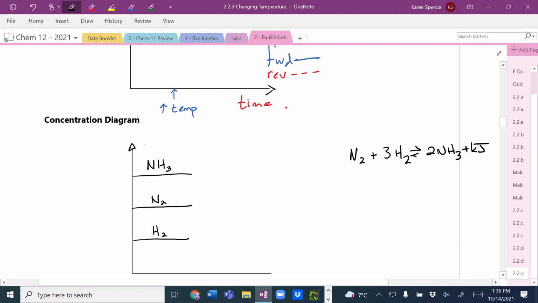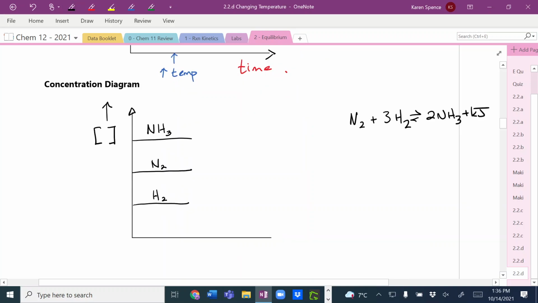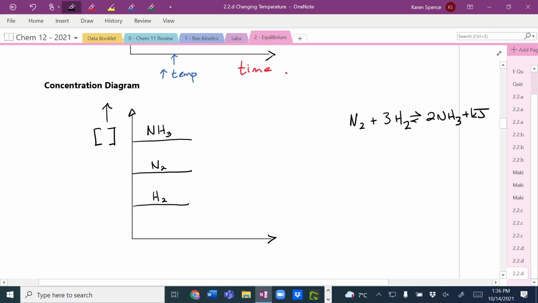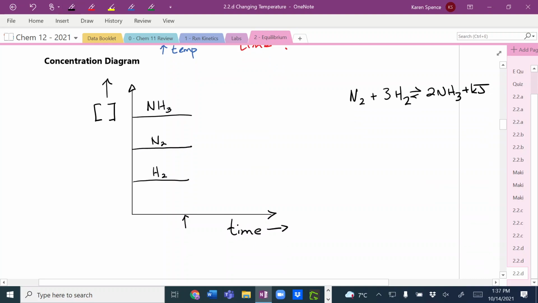I'm going to label my axes, concentration here, and time here. And right at this moment, right here, we are going to increase the temperature.